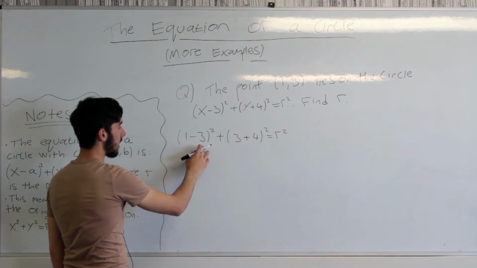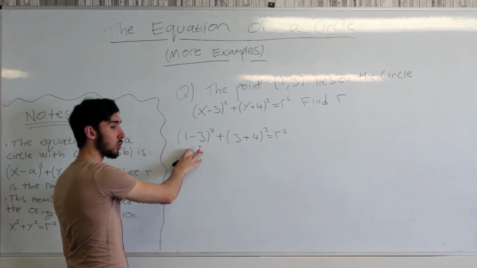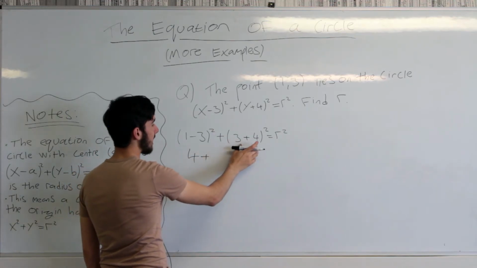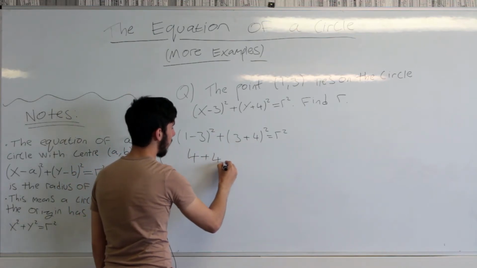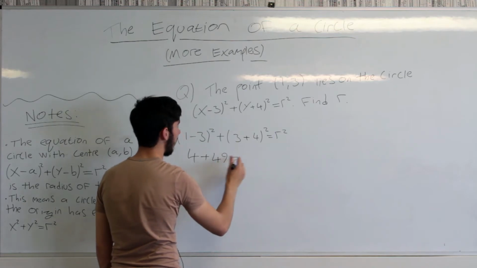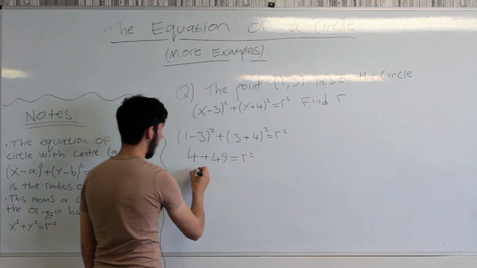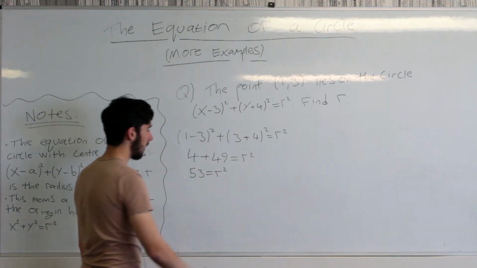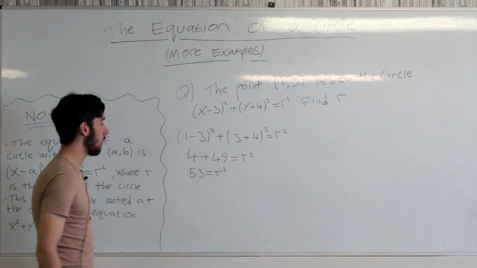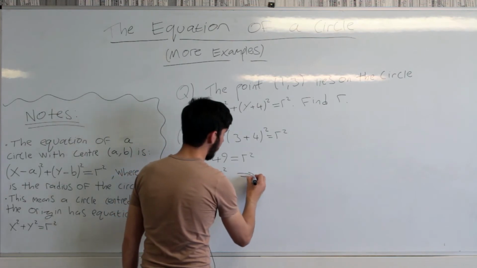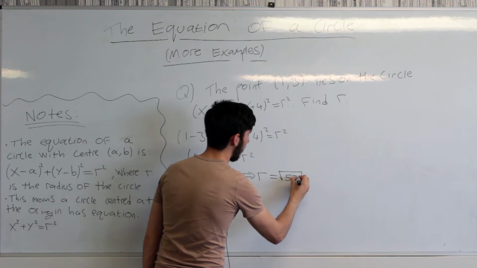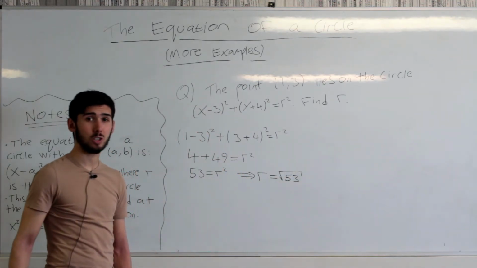So 1 minus 3 is minus 2, but minus 2 squared is positive 4, plus 3 plus 4 is 7, 7 squared is 49, that's equal to r squared. And then that means that 53 is equal to r squared, because 4 plus 49. Therefore, r is equal to the square root of 53, just like that.